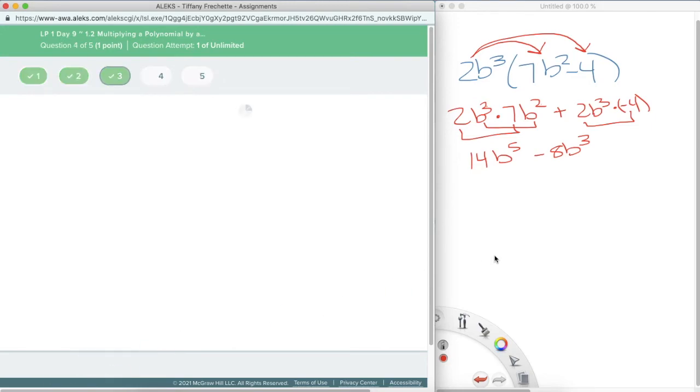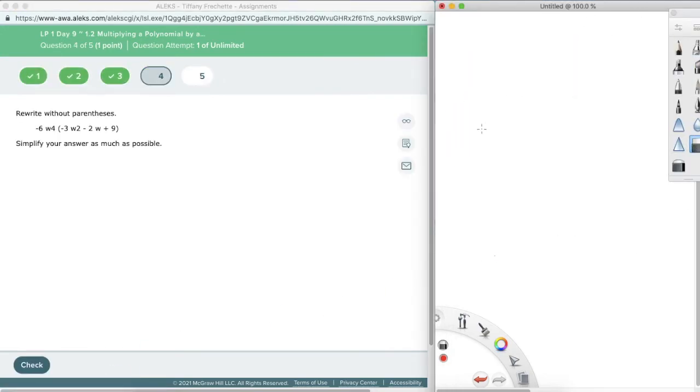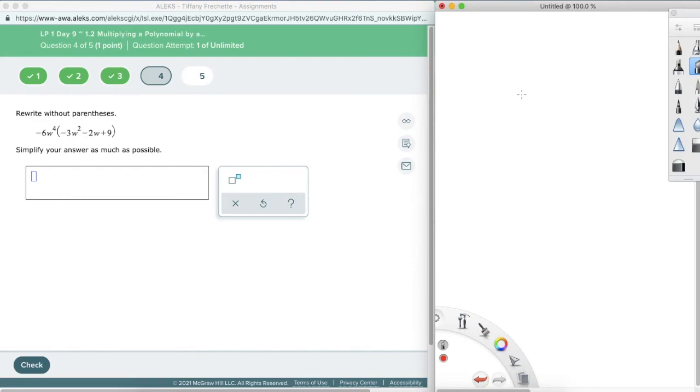Alrighty, a couple more of these, then we'll be all done. Okay, so we're distributing again. So negative 3w squared minus 2w plus 9. Okay, so we're going to just go through and we're going to start distributing. So we have negative 6 times negative 3.